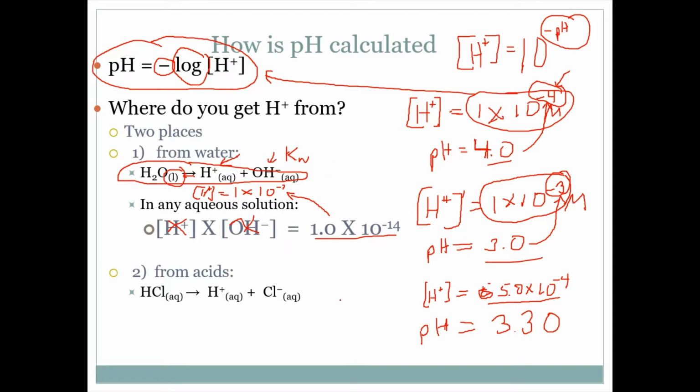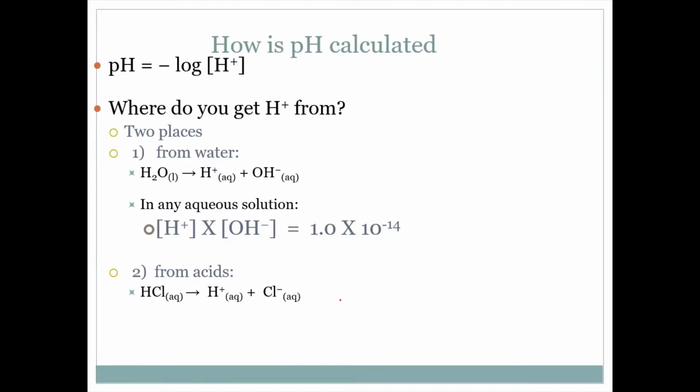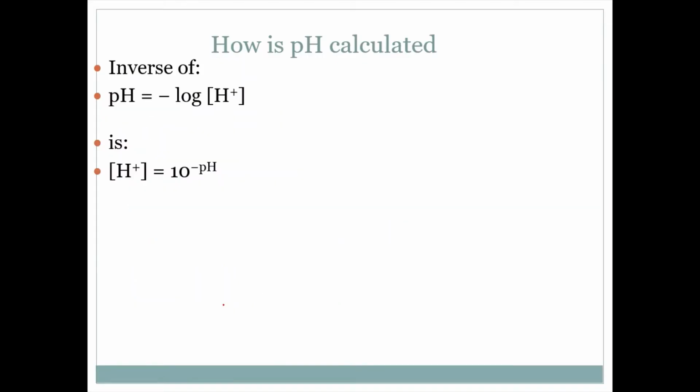Okay, so yeah, we saw this before. Acids dissociate. And so this is the equation we use if you're ever given a pH and you want to find out the hydrogen concentration. If you haven't done logarithms, you wouldn't understand how you got this, but in order to solve for hydrogen concentration, you have to take what's called the inverse log, and the inverse log function will give you that hydrogen concentration is 10 to the negative pH.